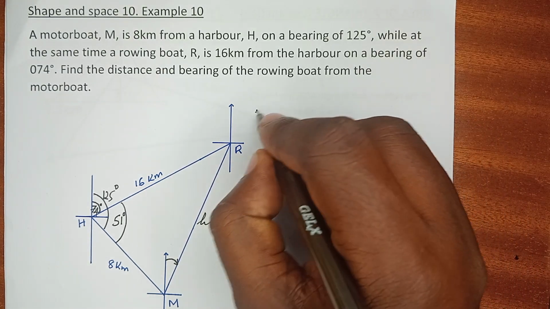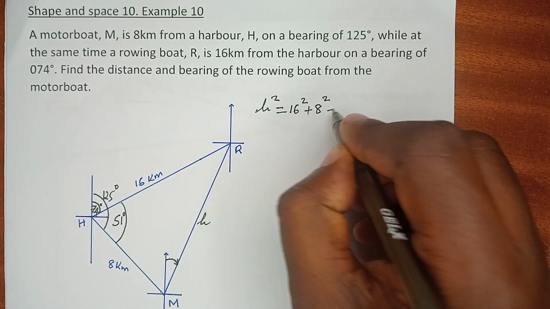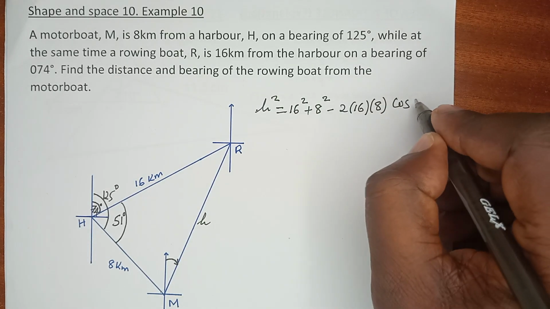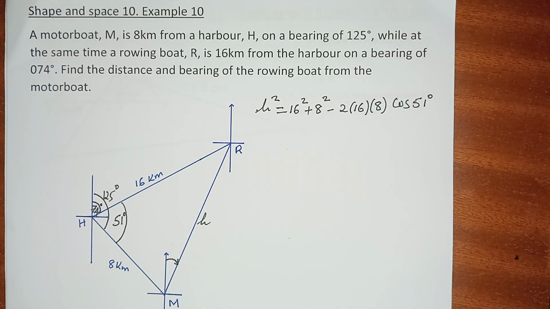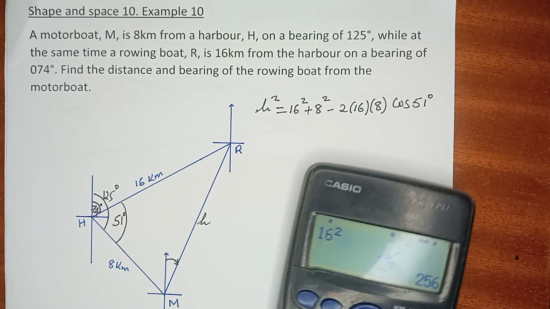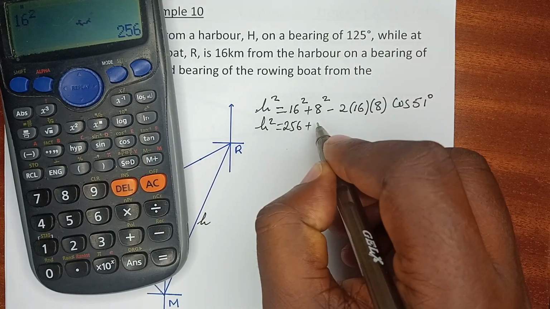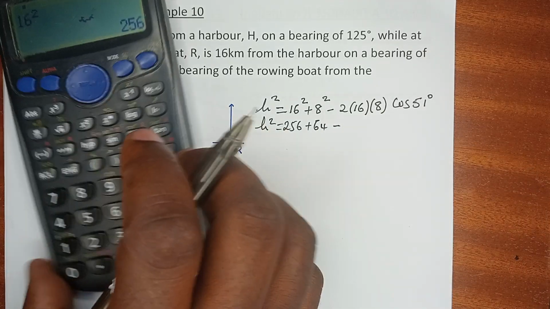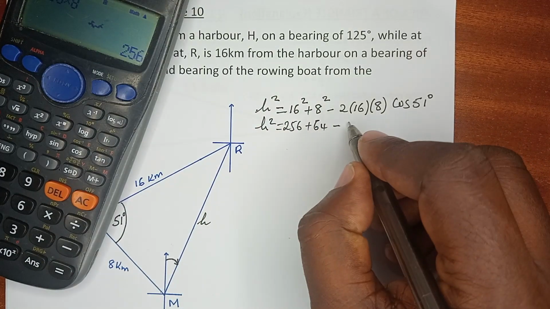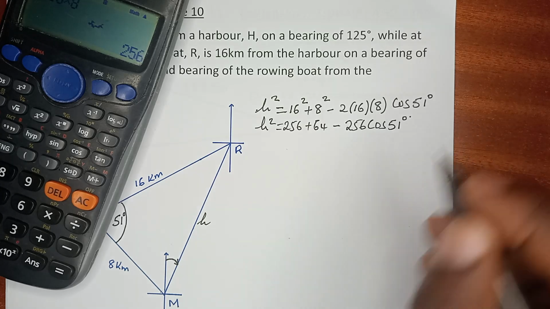We say h squared is equal to 16 squared plus 8 squared minus 2 times 16 times 8 times the cosine of 51 degrees. 16 squared is 256, so h squared is 256 plus 64 minus 2 times 16 times 8, which is again 256, multiplied by the cosine of 51 degrees.